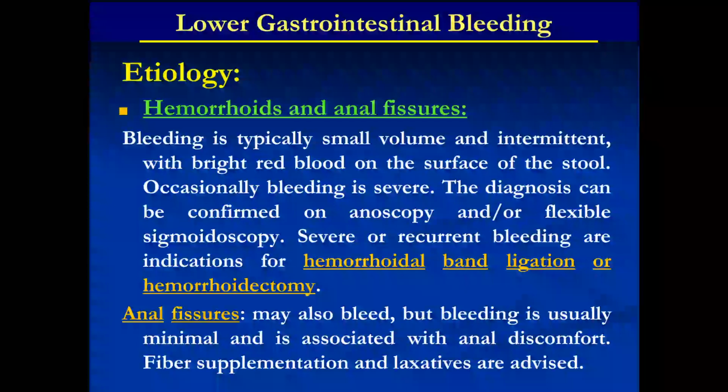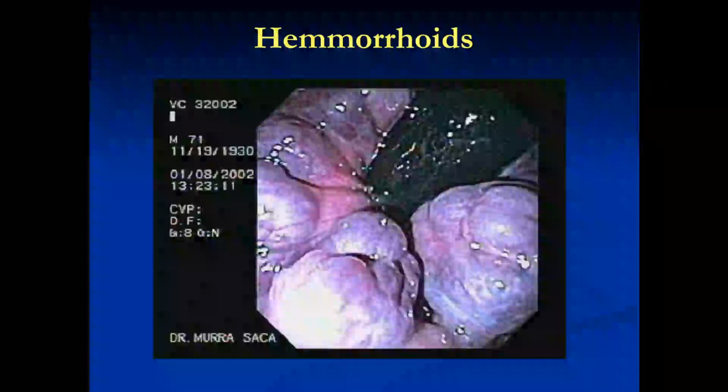Severe or recurrent bleeding is an indication for hemorrhoidal band ligation or hemorrhoidectomy. Anal fissure may also cause bleeding that is usually minimal and is associated with anal pain or discomfort. Fiber supplementation and laxatives are advised. This is a picture of internal piles.